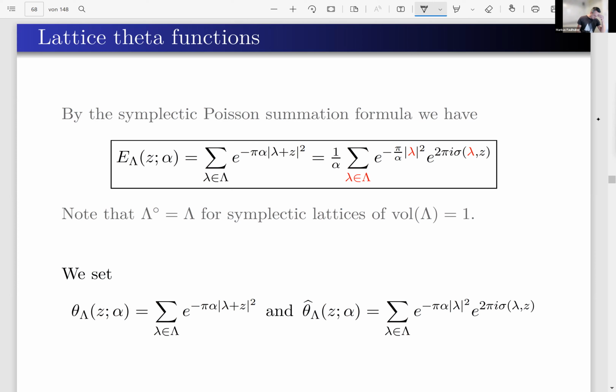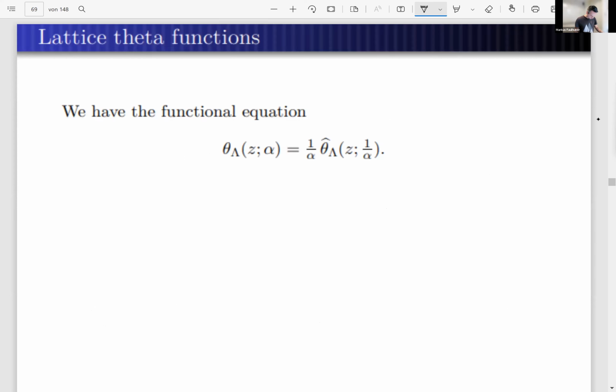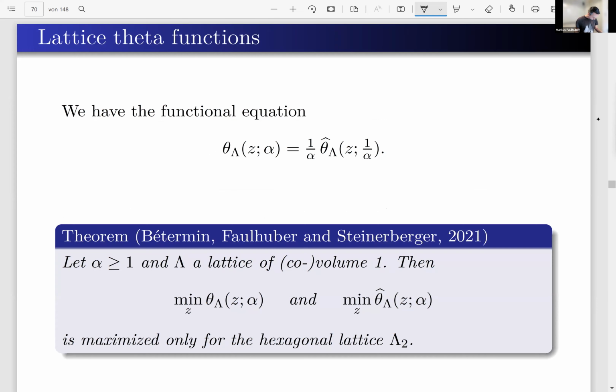What we then did is take one part and the other part of the Poisson summation formula and define each as a theta function, similar to the classical Jacobi theta functions. This gives a functional equation, which we also have for the classical Jacobi theta functions, and it allows us to reduce to the case where alpha is large.